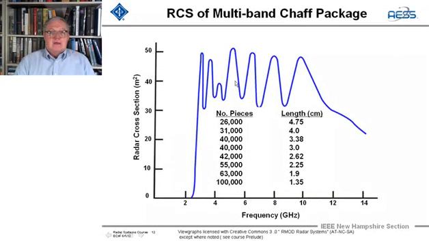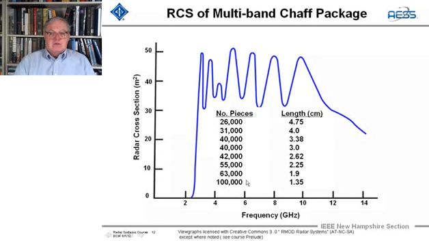And when you do that, this is what a multi-band chaff package would look like when you have 26,000 pieces that are 4.75 centimeters long, and just working all the way up into the millimeter wave region.